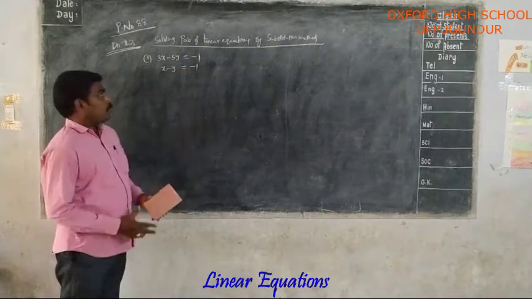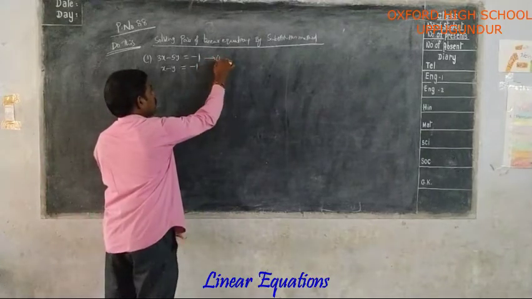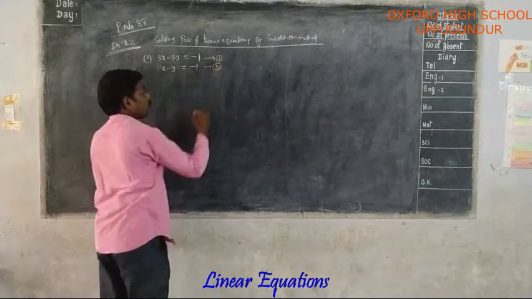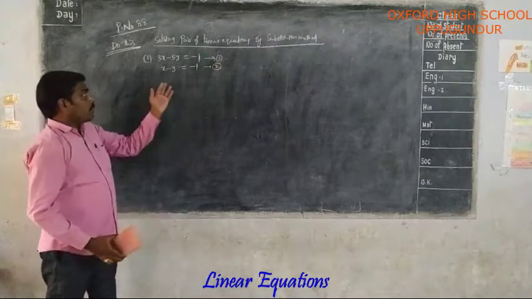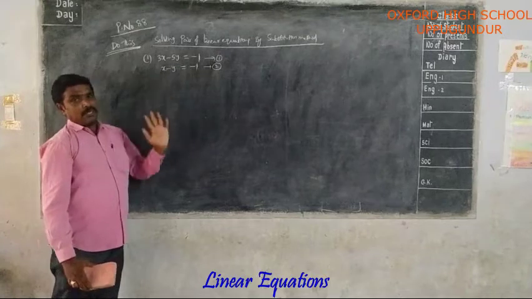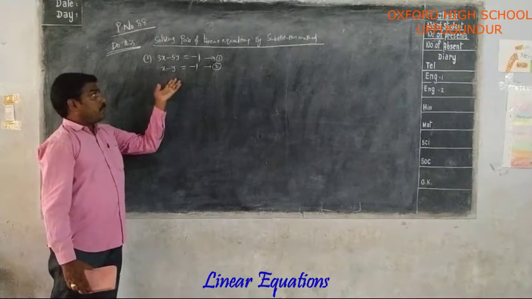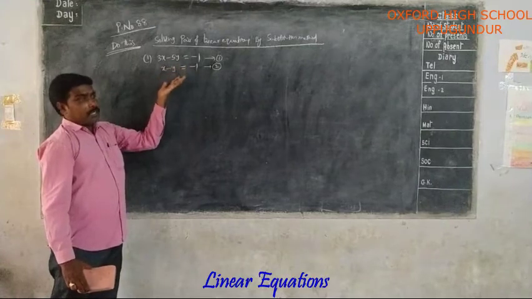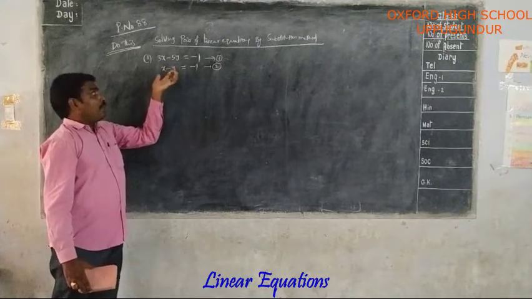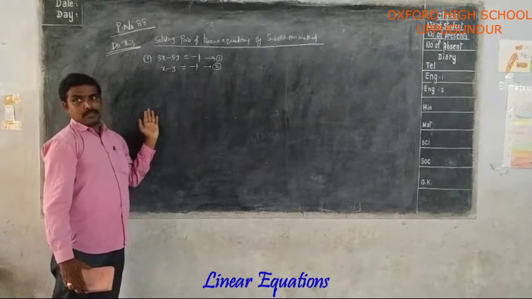First, assume these 2 as equation 1 and equation 2. Among these 2 equations, you have to consider any one of the equations. These are linear equations in 2 variables. Among these 2 variables, you have to make any one variable the subject.